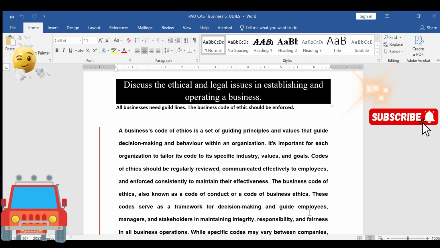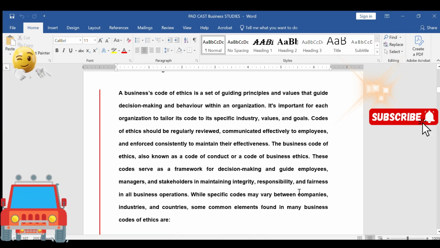It's important for each organization to tailor its code to its specific industry, values, and goals. Codes of ethics should be regularly reviewed, communicated effectively to employees, and enforced consistently to maintain their effectiveness.